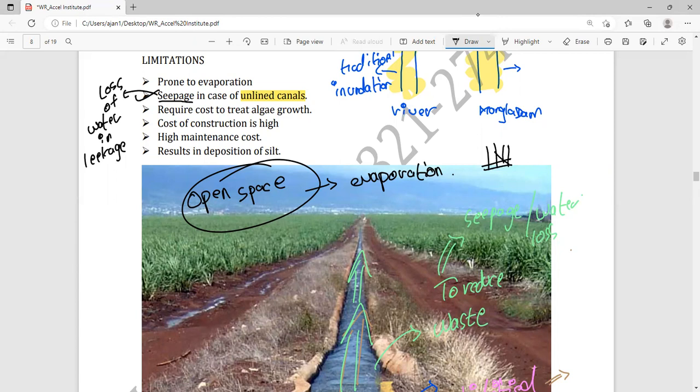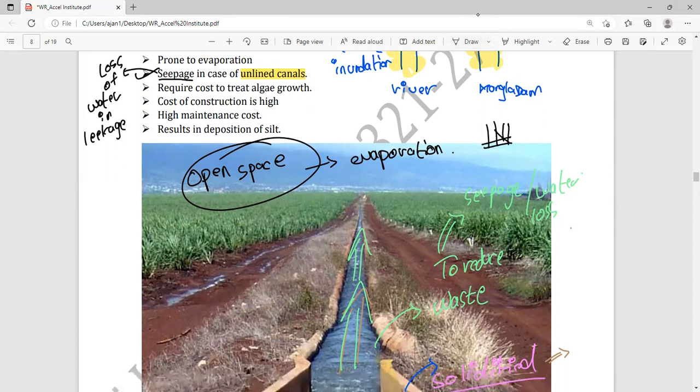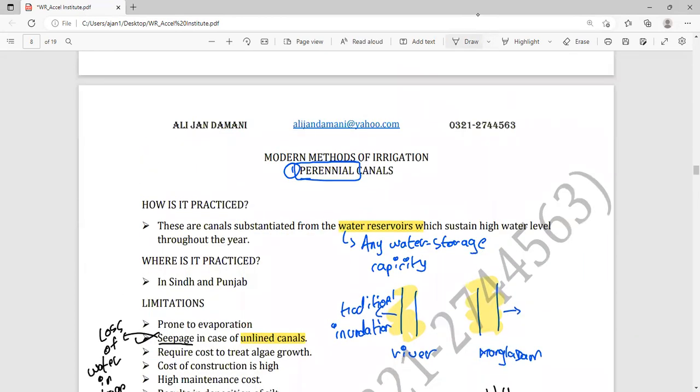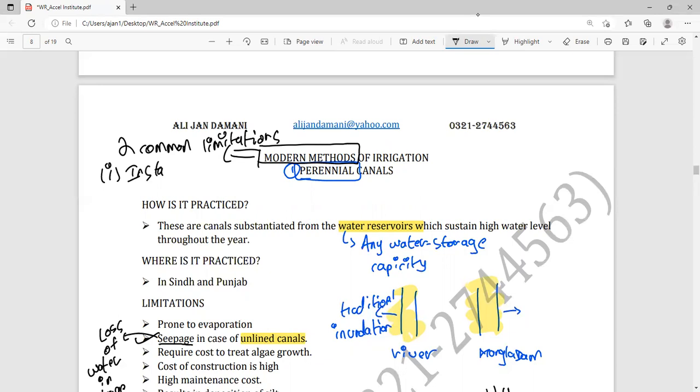Let's talk about some monetary aspect of this method. Unfortunately or fortunately, as you like to call it, every modern method has got two common limitations. The first one is that installation cost is high.